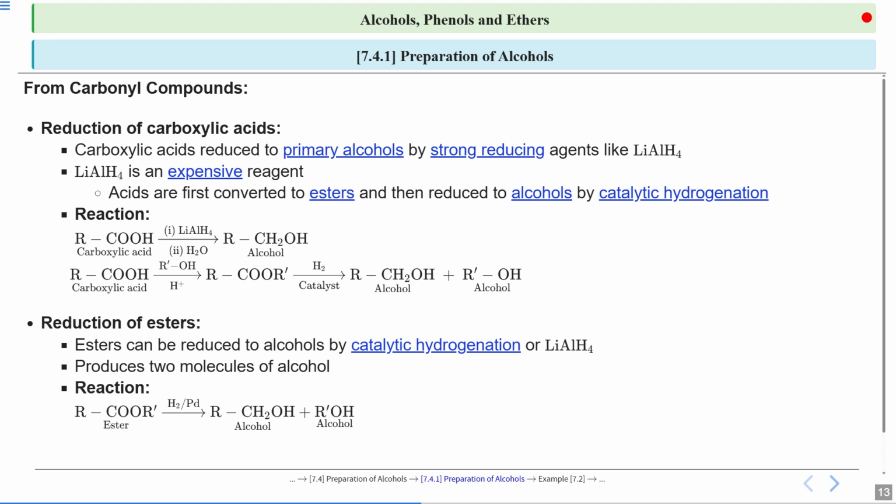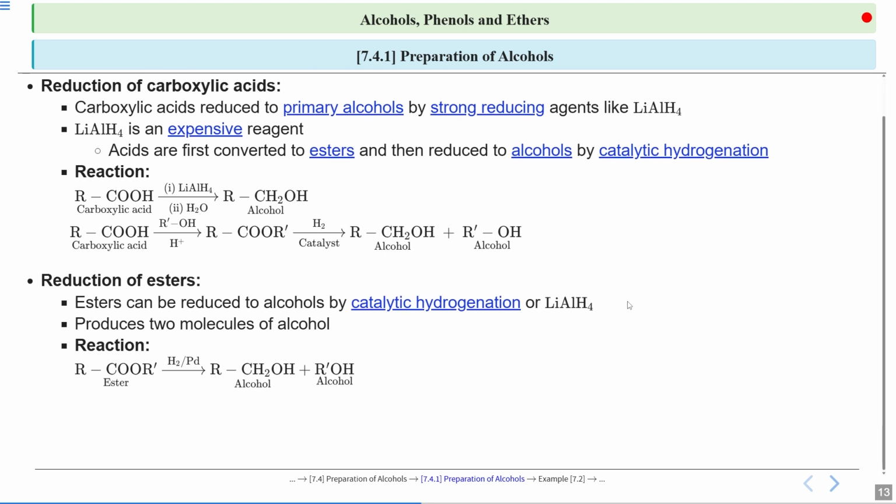When it reacts with hydrogen in the presence of palladium to do the catalytic hydrogenation, or this can also happen in presence of LiAlH4, you will get two molecules of alcohols, RCH2OH plus R prime OH. One is from the R alkyl group and another alcohol is from the R prime alkyl group.